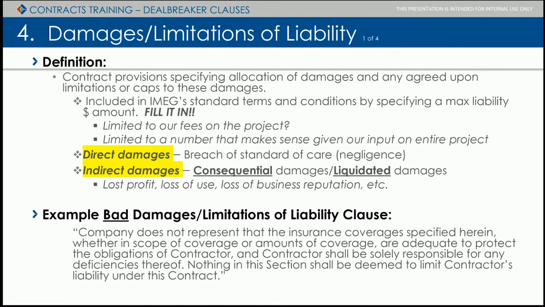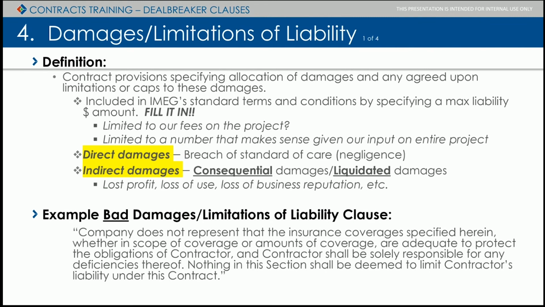Also, you need to know the distinction between direct damages and what are called indirect damages. Direct damages are what you would think of if we breached the standard of care. We're negligent. We installed the wrong size vents in a high rise, and we failed the fire testing capacity test, and therefore have to rip it out and put all new in.